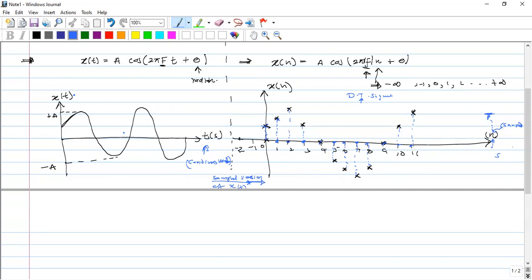So if this is a voltage signal, we get some samples of this signal. With some time we get a sample here, another sample here, another sample here, and the corresponding samples are named 0, 1, 2, 3, 4, 5.